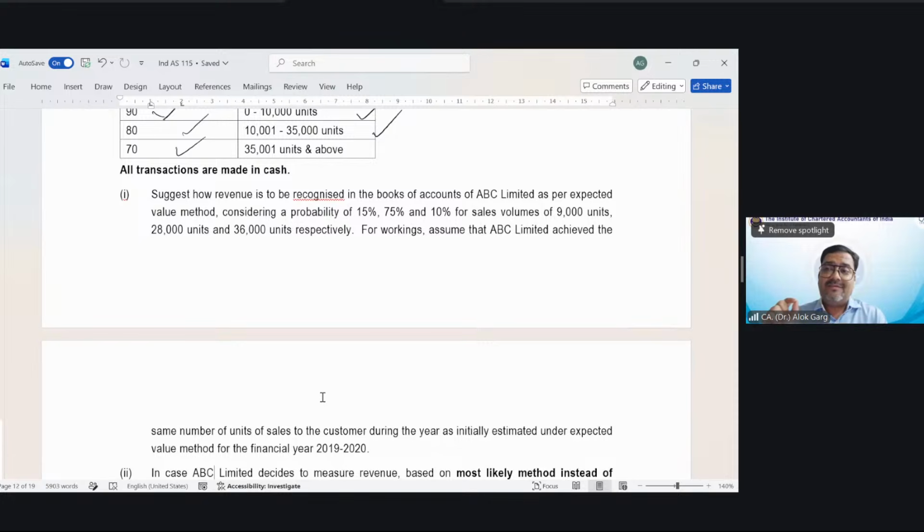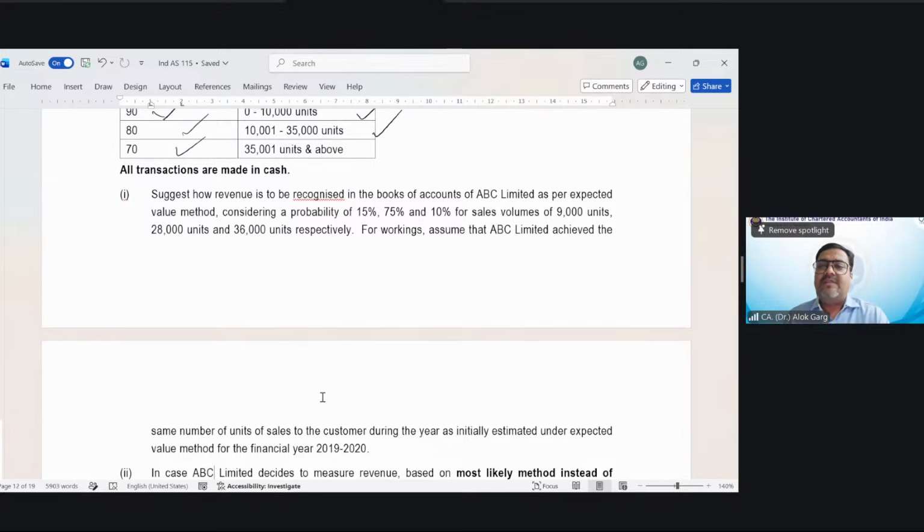So for one event, what discount has to be given to this customer? There are three probabilities. There is a 15% probability that the customer will buy 9,000 units, a 75% probability that the customer will purchase 28,000 units, and a 10% probability that the customer will buy 36,000 units.